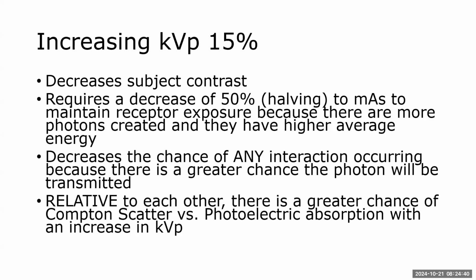When we double mass, or break mass down into mA and time, when we double mA, that also doubles receptor exposure. When we double time, that also doubles receptor exposure. So it has the same effect. It only takes a 15% change in kVp to do that, whereas it takes a 100% change in mass, or mA or time if you split it out. Does that make sense? Yes, ma'am. Yeah, good question.